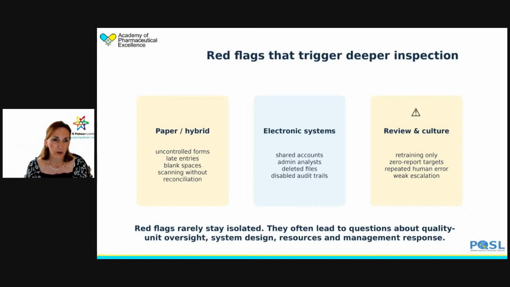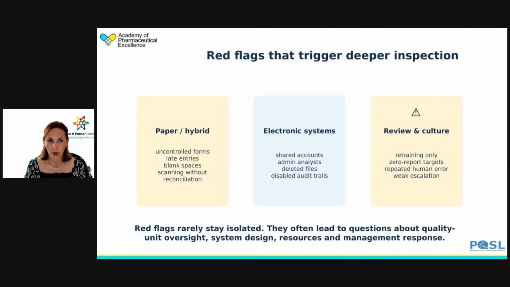The third group of red flags relates to review and the overall company or site culture. Repeatedly blaming human error, responding only with retraining, setting a target of zero reported concerns, or failing to escalate known issues can signal that the organization is treating symptoms rather than causes.